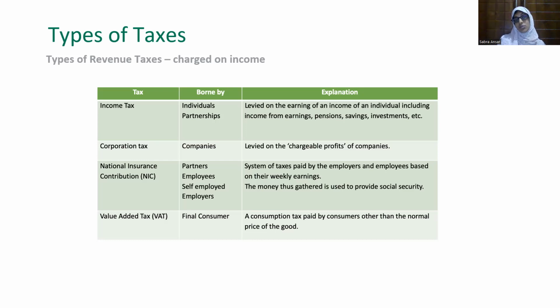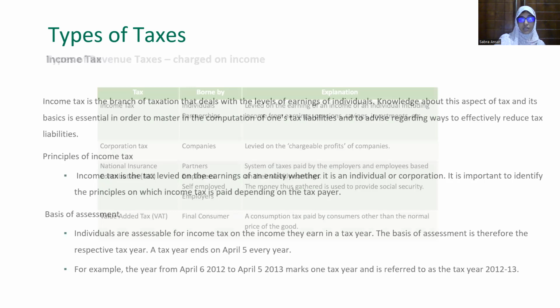National insurance contributions are paid by employees and employers, based on weekly earnings, to provide social security. Then there is value-added tax, or VAT, which is on the final consumer, a consumption tax paid by the consumer on top of the normal price of the good.